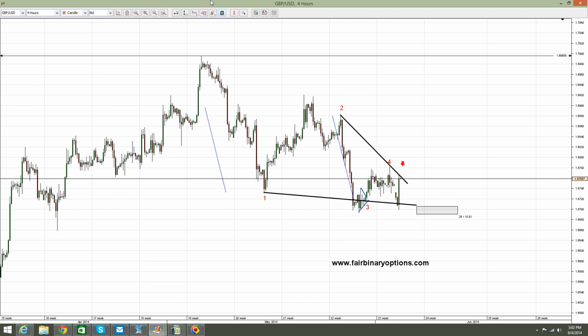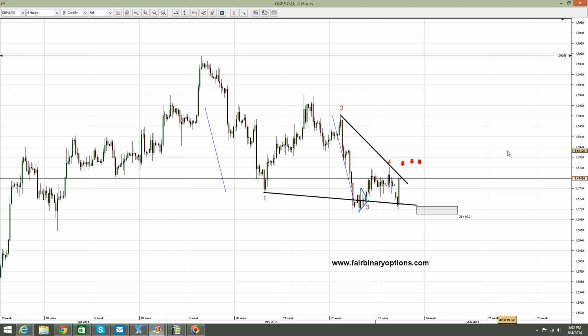for the Great Britain pound US dollar, and I will buy the put options with end of day expiration date for today, considering that the market will try to push towards lower values for the day.